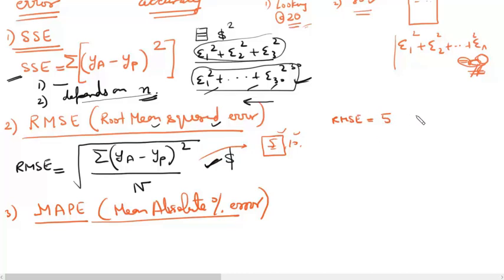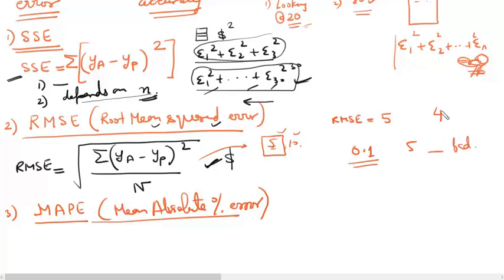Now that depends on what your actual value is. If your actual value is 4, then this error is small. But if your actual value is, let's say, 0.1, and then if the root mean squared error is 5, that means it is almost 50 times the actual value. So in this case it is a very bad model.